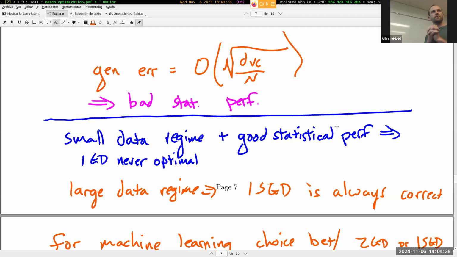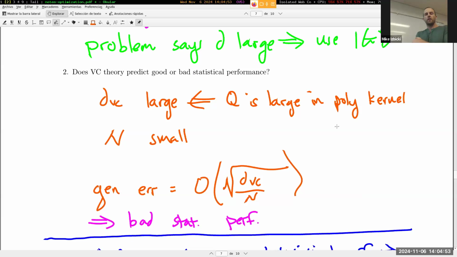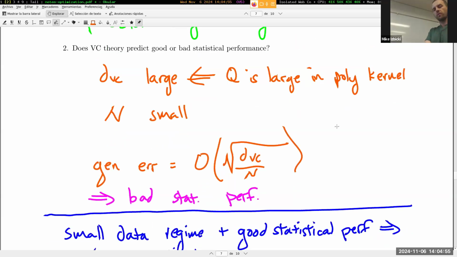Okay? Oh yeah, you mentioned earlier that this model has bad statistical performance because generalization error is high. Wouldn't it be equally bad if it was too low? The question is, would the statistical performance be bad if the generalization error was too low? We have this intuition that there's a trade-off between generalization error and in-sample error.